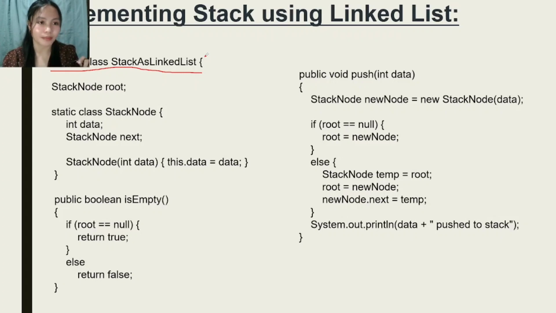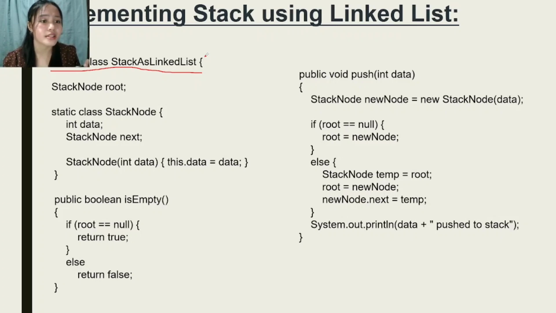In our program, it is the main class, and we named it StackAsLinkedList because we will be implementing stack using linked list, not array. We wanted our names to have purpose, or let's say to be meaningful, right?